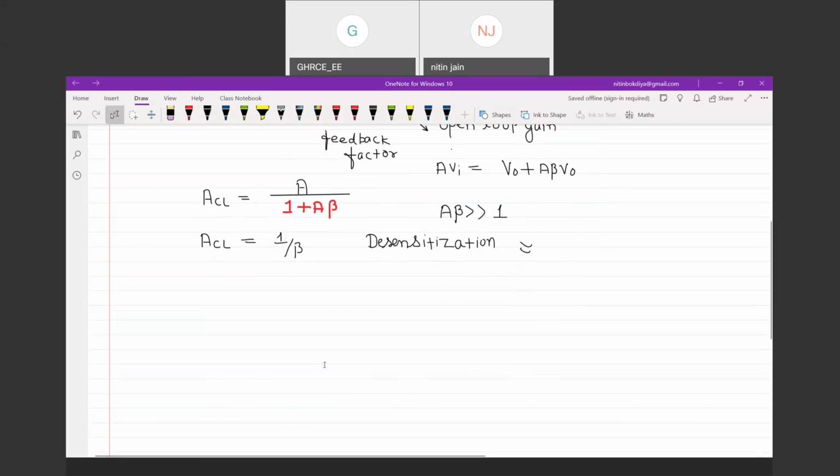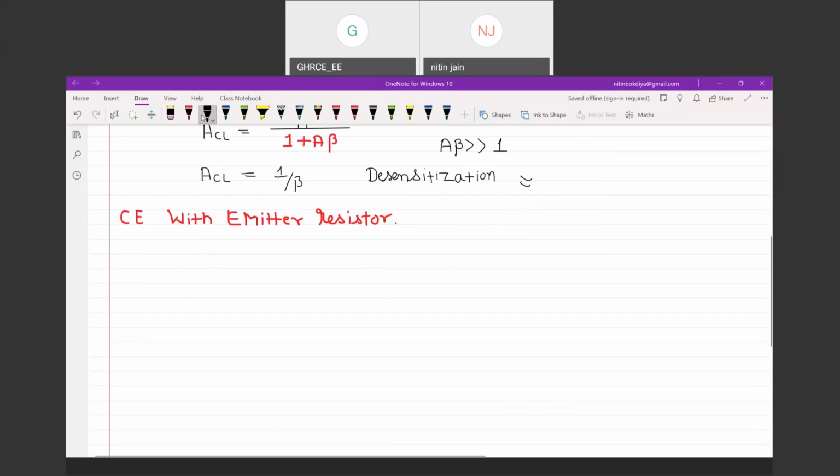Let's say we had discussed one feedback amplifier, and that feedback amplifier is this: common emitter with emitter resistor. Suppose this is the idea for the circuit. So what I can say, common emitter with emitter resistor, how will it look? You can say it will look like this.